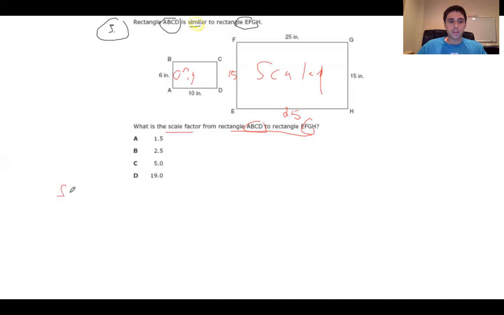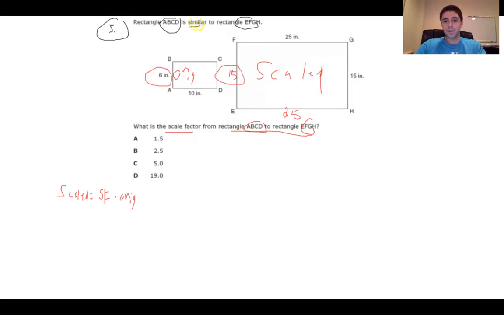Alrighty, so we have scaled equals our scale factor times the original. Scaled is going to be our scale factor times the original, so let's do 6 and 15. I want everyone to write out the equation for me.